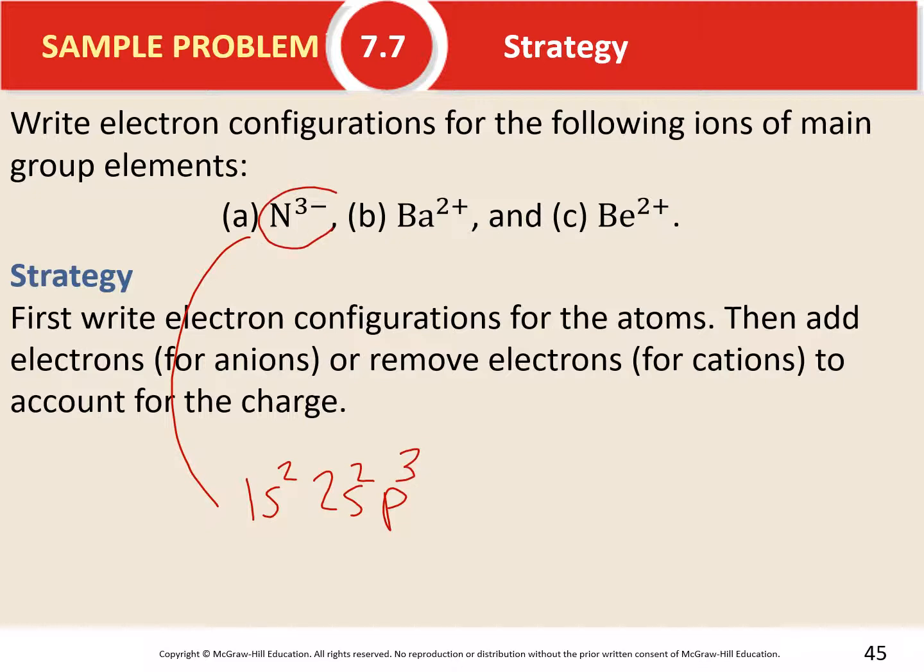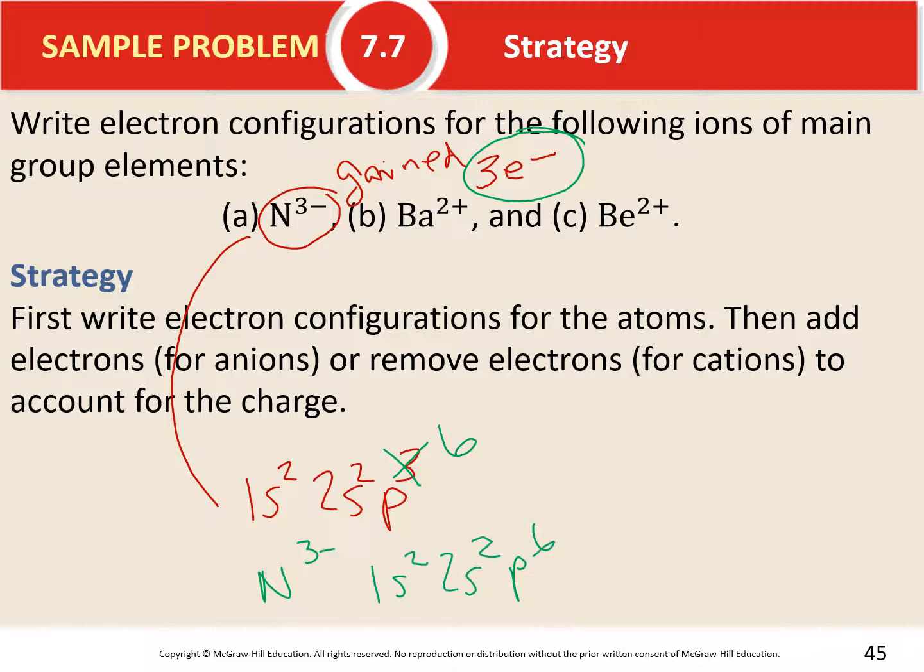In nitrogen, if it's -3, that means it has gained 3 electrons. So now the 3 will be changed to 6 to show the 3 electrons that it gained. So N3- is now 1s2, 2s2, 2p6.